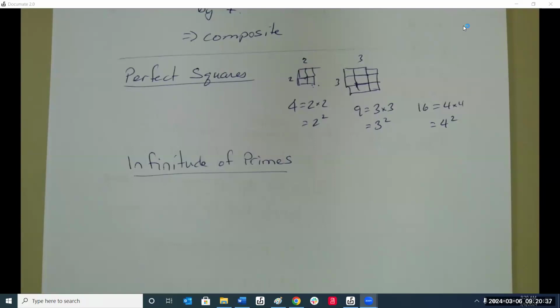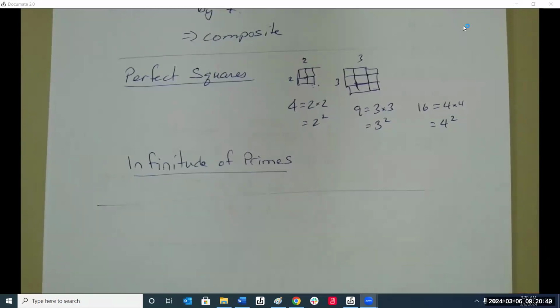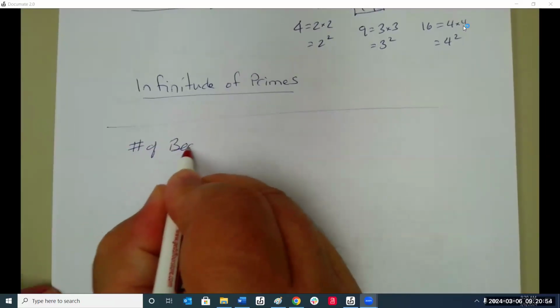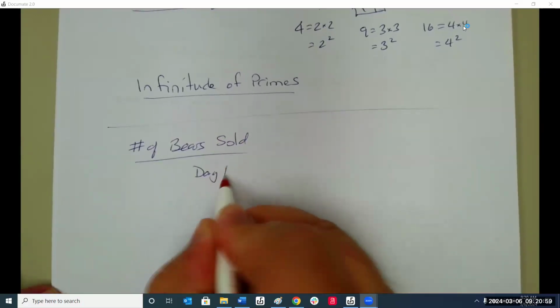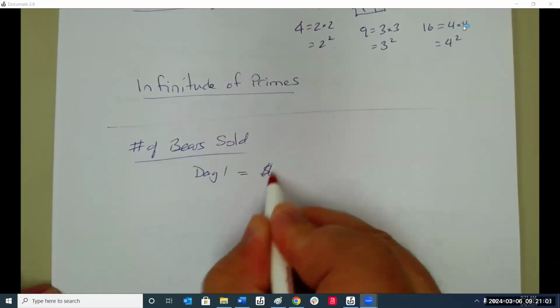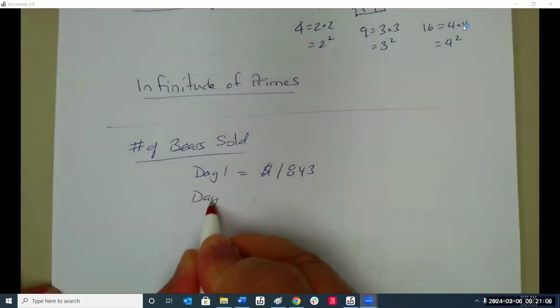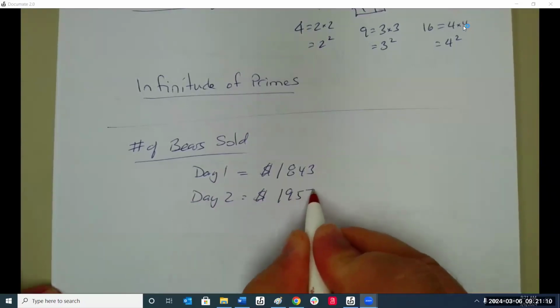How many toy bears were sold in those 2 days if the price of each bear was greater than $1? Number of bears sold. So day 1, they sold 1,843. Day 2, they sold 1,957.